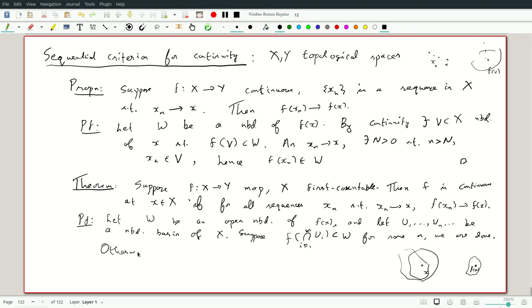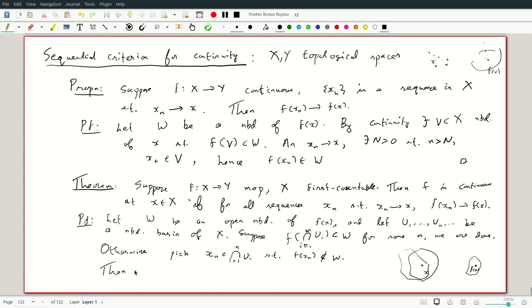Otherwise, pick x_n which is in the intersection i equals 1 to n of U_i, such that f of x_n is not in W. Okay.